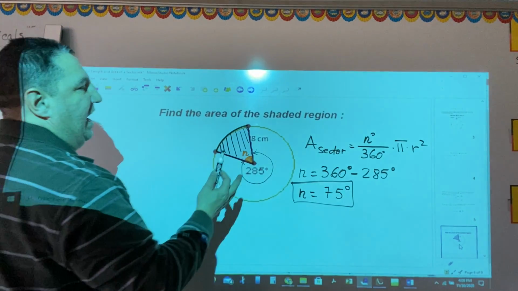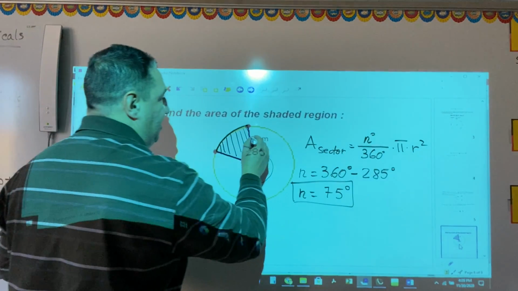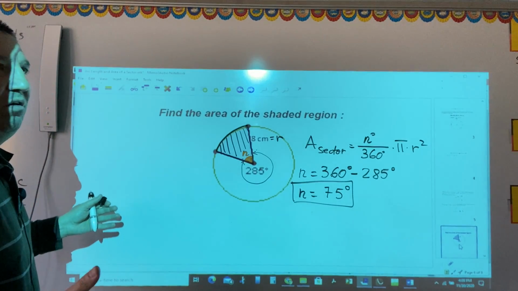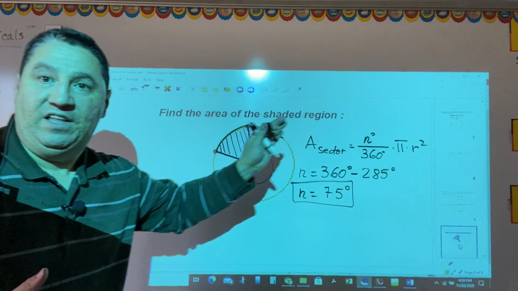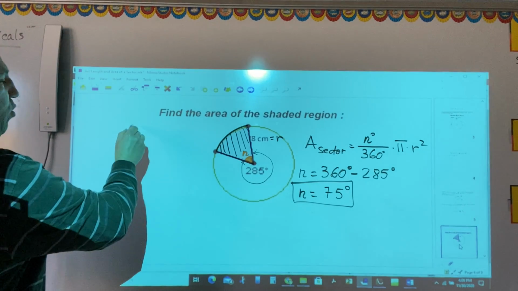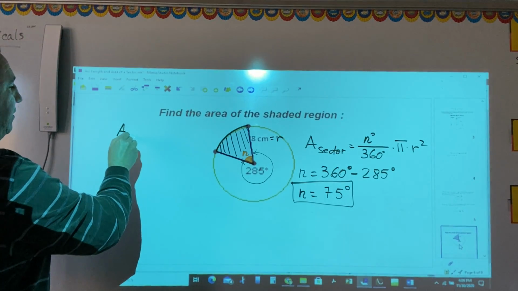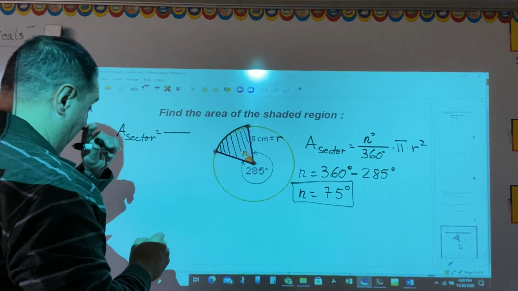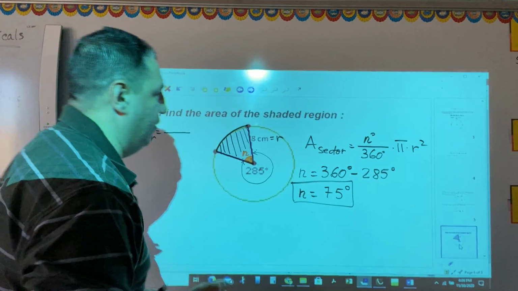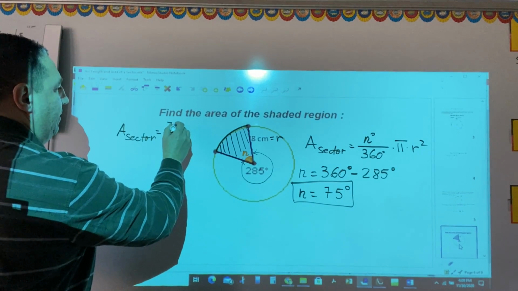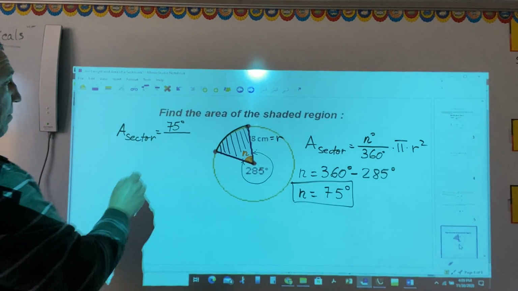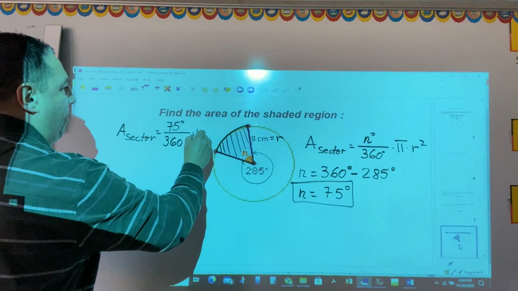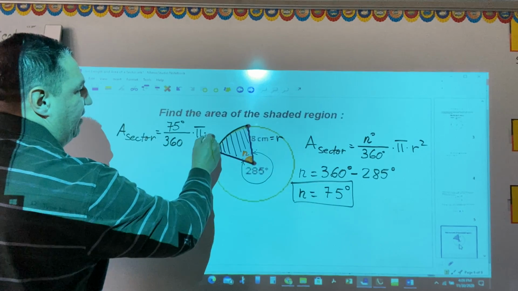Now, what else is given? The radius is given. The radius is 8 centimeters. So we have everything we need to find the area of the sector of the circle. So we can say here the area of the sector would be a fraction: on top, we write 75 degrees, and in the bottom, 360 degrees, then times pi times 8 squared.